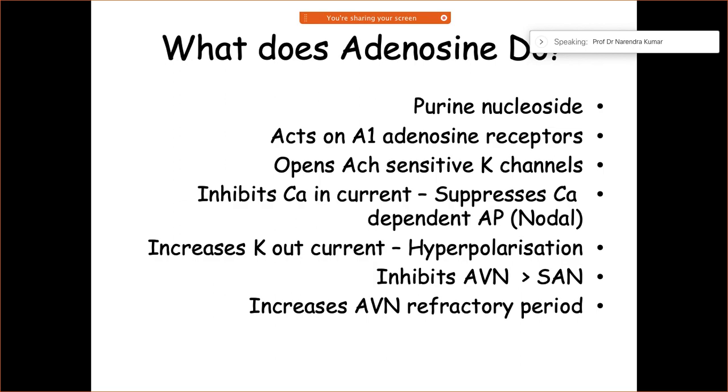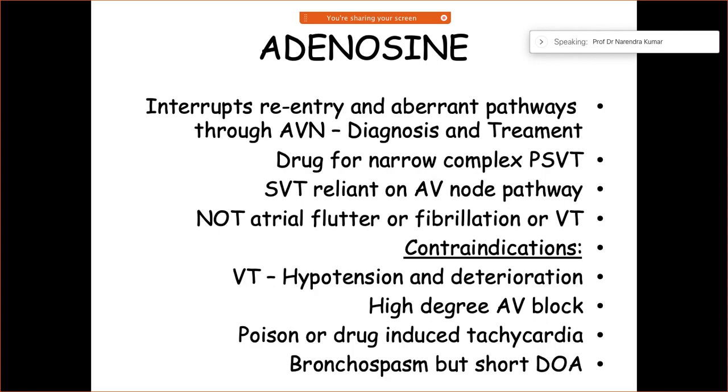So that is how, and with hyperpolarization, it tends to affect more of the AV node, in fact, not the SA node. So this drug, adenosine, tends to interrupt the re-entry and the aberrant pathways through the AV node, and thus it does help for the diagnosis and treatment of such conditions.